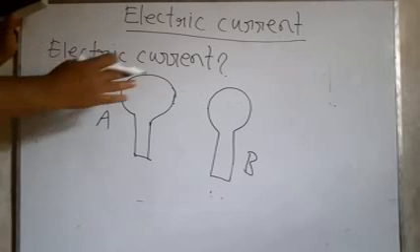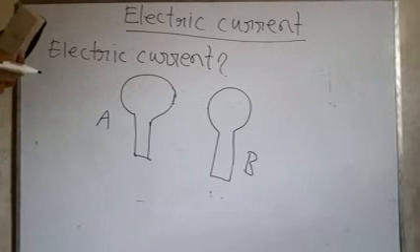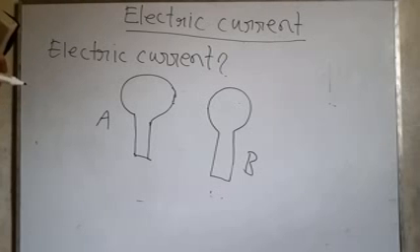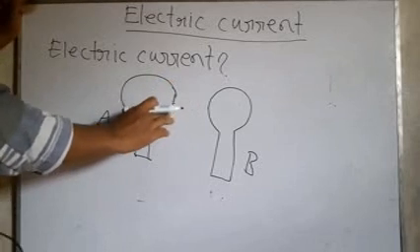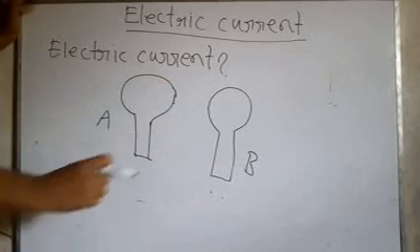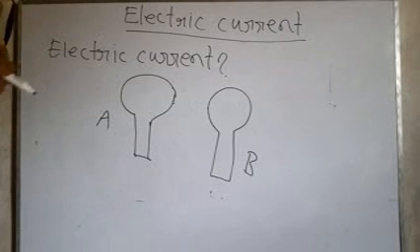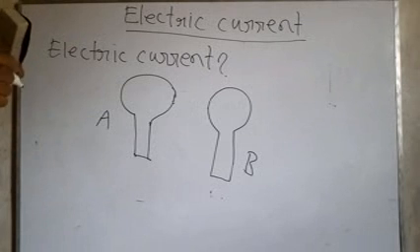To maintain this potential difference, a special arrangement or a special technique is needed, and this special technique is maintained by an external electric source, that is, it may be a battery or generator.